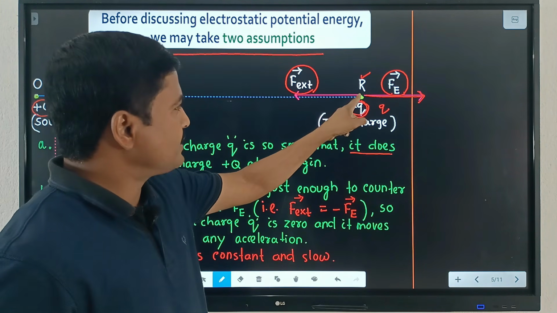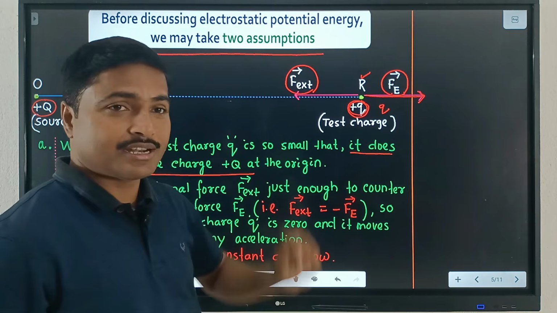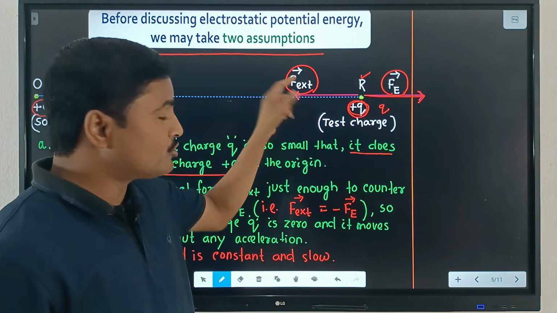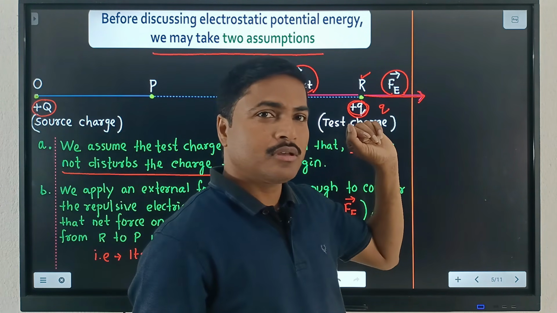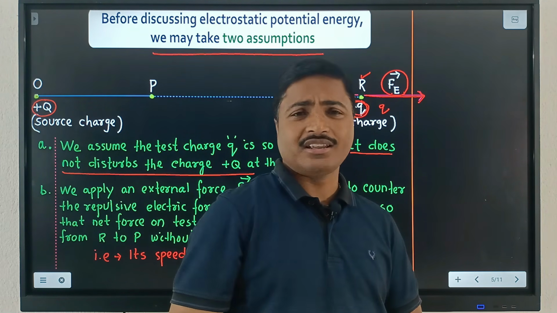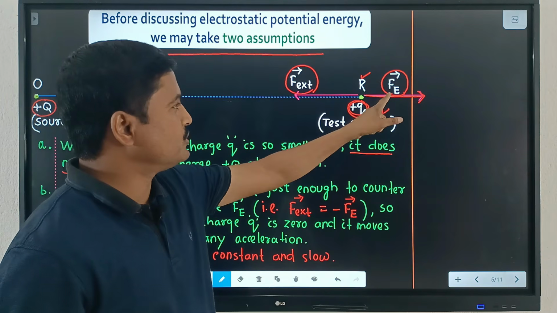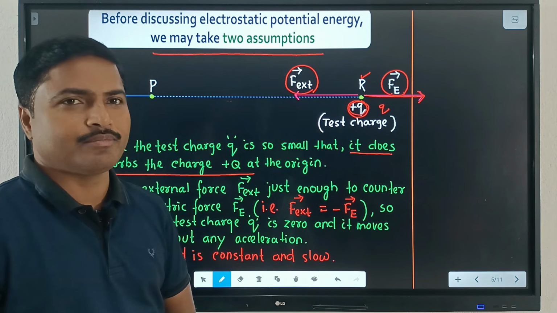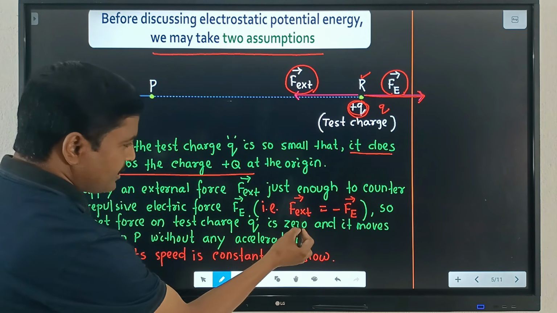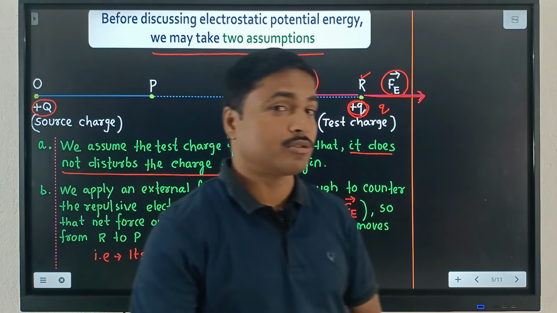We apply some external force on this test charge just opposite to the electrostatic force, but magnitude of this external force is equal to the electrostatic force or slightly greater. That means if one is positive, another is negative. We write external force is equal to minus of electrostatic force.